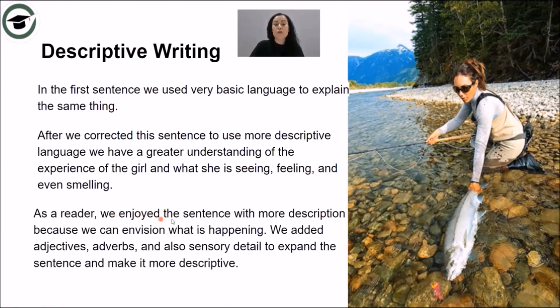As a reader, we enjoyed the sentence with more description because we can envision what is happening. So envision means to see what is happening. We added adjectives, adverbs, and also sensory detail to expand the sentence and make it a lot more descriptive.